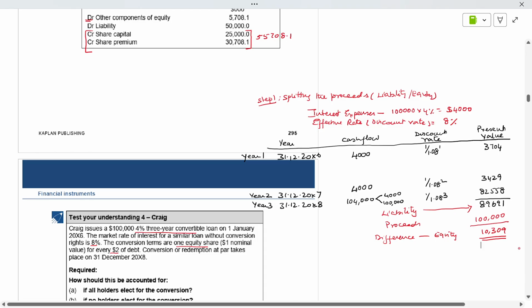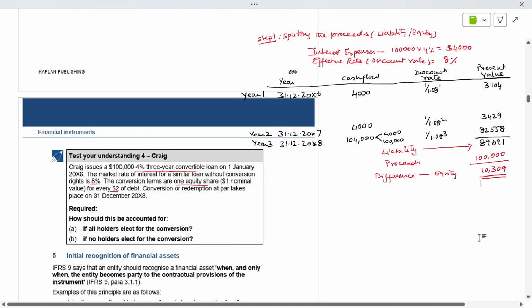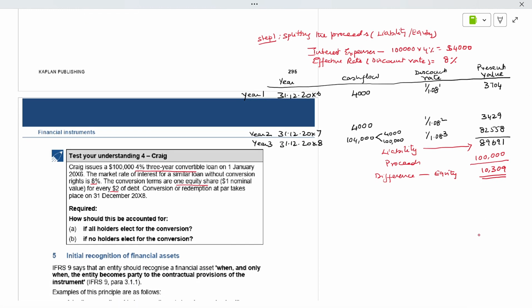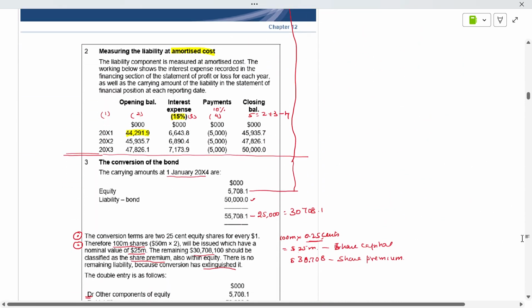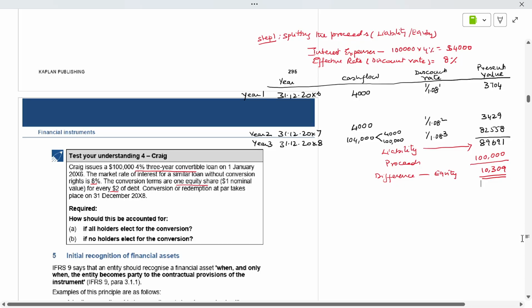Is it okay? Yes, doctor. Next, second, what you have to do is amortization. This is what they have mentioned here: Step 2, measuring the liability at amortized cost.